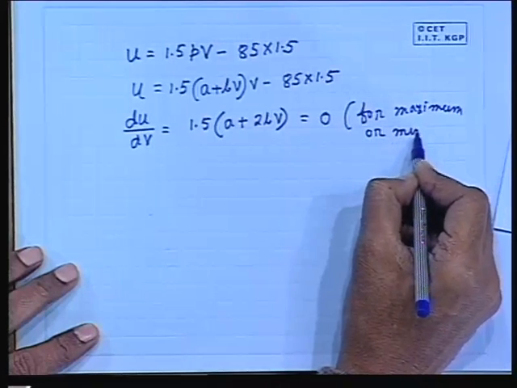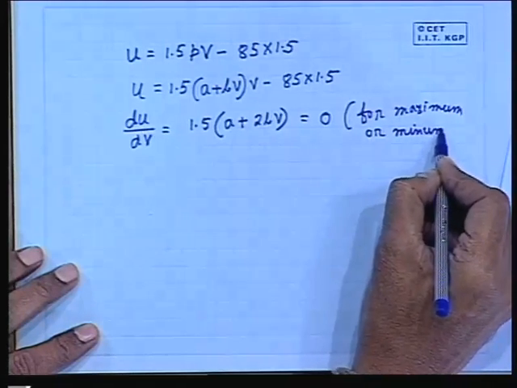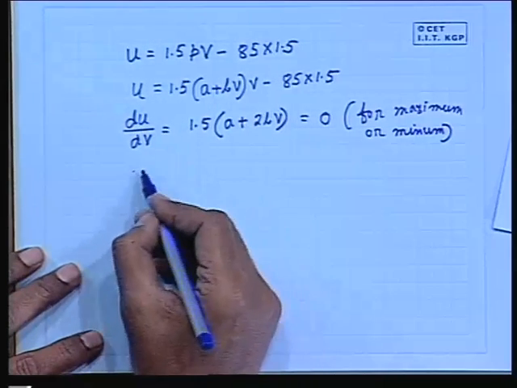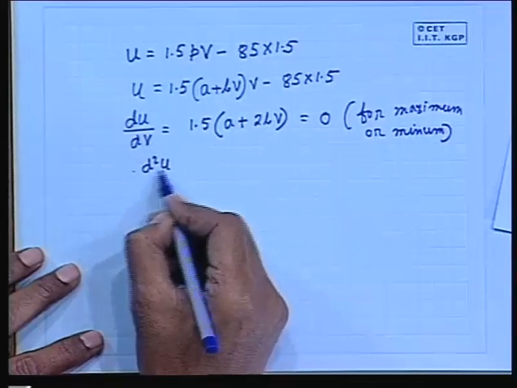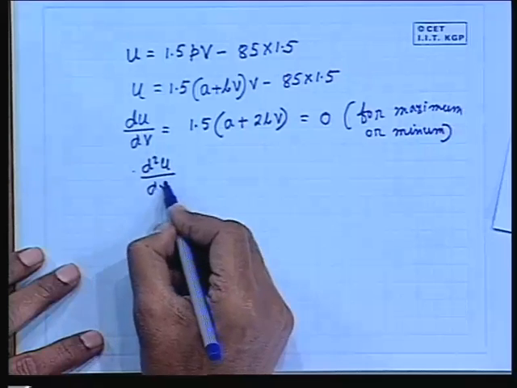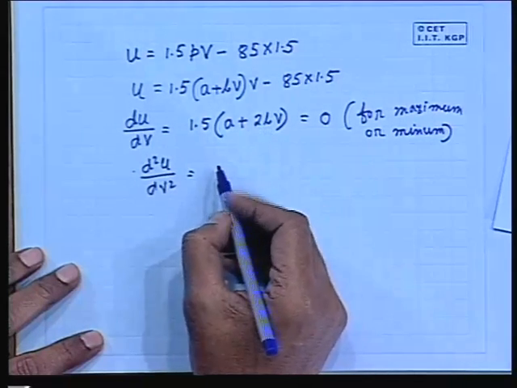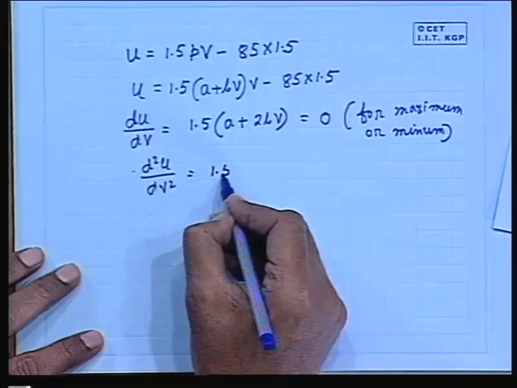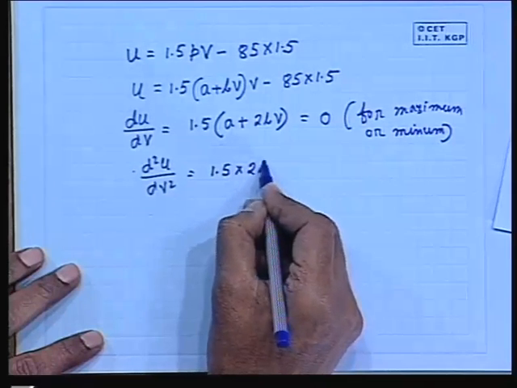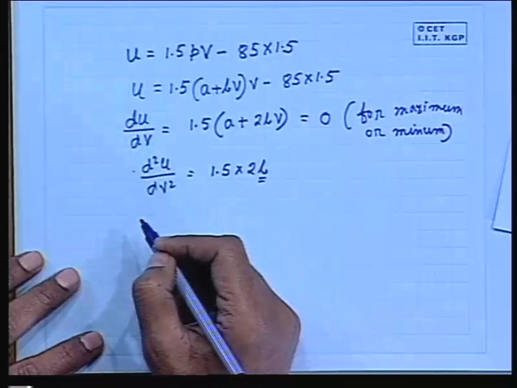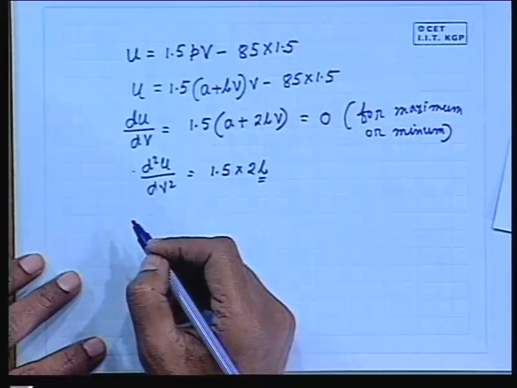But this curve has only a maximum with the values of A and B. How? d square U dV square. Please, any question? dV square is negative. Why? What is d square U dV square? That is equal to 1.5 into 2B, and B is negative in this problem, minus 800 kilopascals per meter cube.